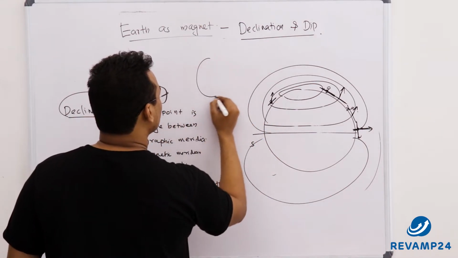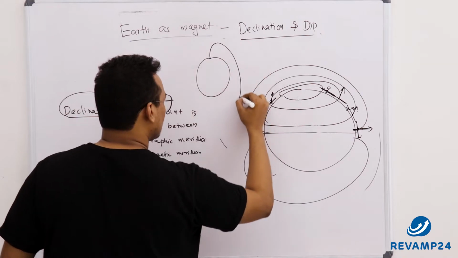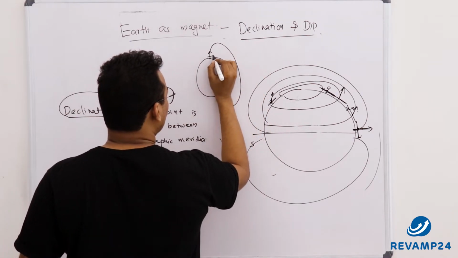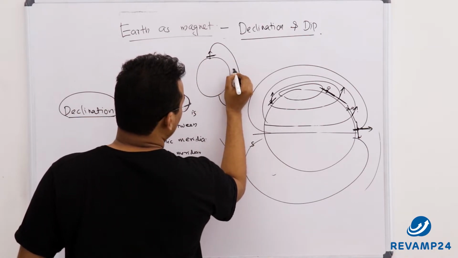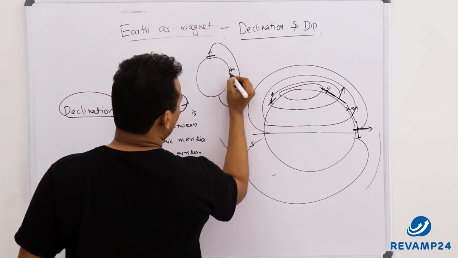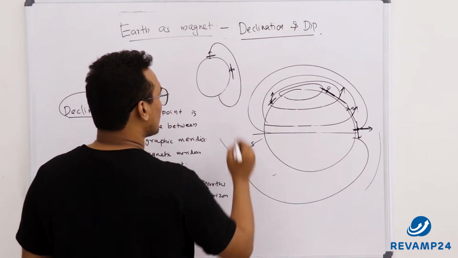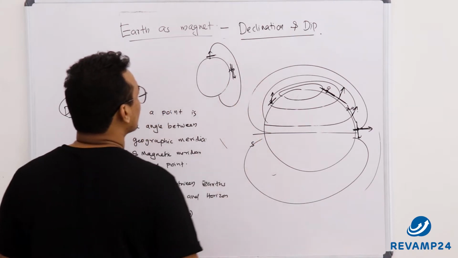Now for Earth, when I draw it in this way, from here the field is coming in this way. So here the magnetic field is in this direction, but our horizontal is in this direction. But for the same person standing here on the equator, this is the horizon and the direction of the magnetic field is parallel to it.